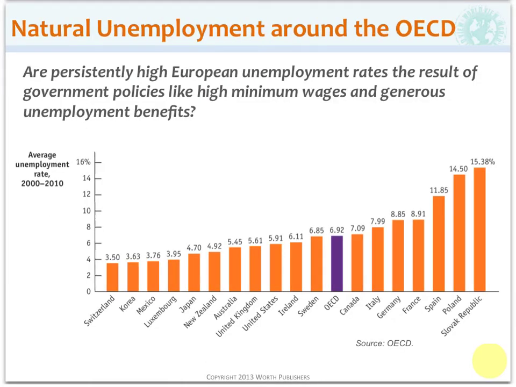And here's a graph asking the question, are higher than average unemployment rates in Europe a result of perhaps more generous unemployment benefits? OECD would be the average of these rich countries, and so you can see some of the big European economies have higher than average unemployment for the decade 2000 to 2010. Meanwhile, the U.S. over here is below average.